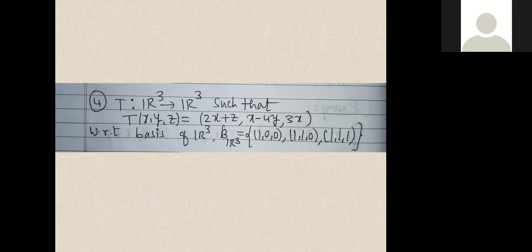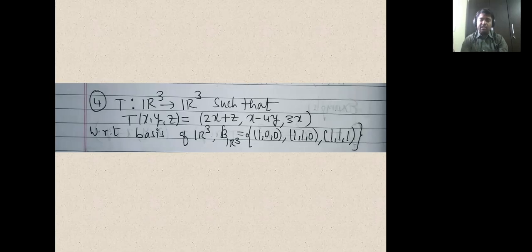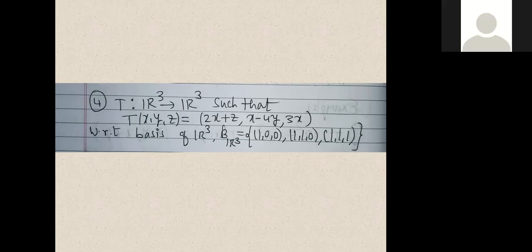So if I change my basis from one basis to another, what will happen? We call it the change of basis effect. That we will do tomorrow. As well as, I told you, the rank by using the matrix of a linear transformation. We will use this matrix to compute the rank of a linear transformation. That is also there. I'll see which topic to cover in tomorrow's lecture.